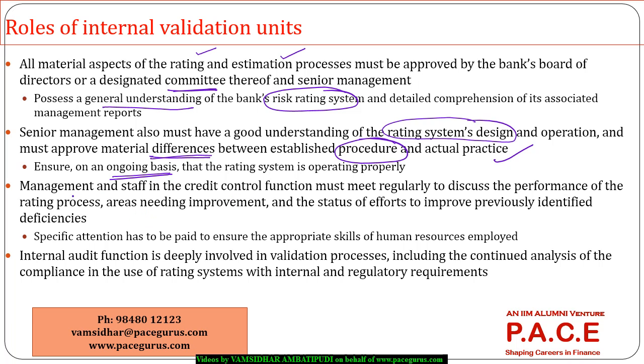And when it comes to the real staff who are a part of the credit control function, they are meeting at regular intervals to see how the rating process is working, what are the loopholes in the current rating process, what are the areas of improvement for the same, and whatever improvisations were taken up in the previous meetings, in the previous discussions, what is the status of all those meetings, what are the action plans out of them, what is the status of all those various action plans, and do we really have the appropriate skills to do that particular job?